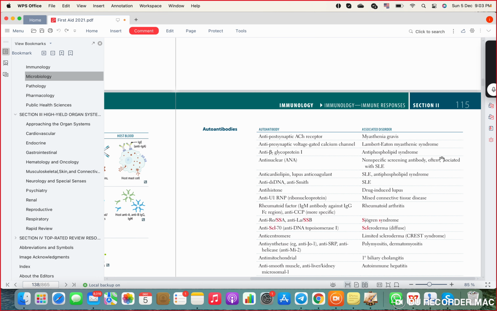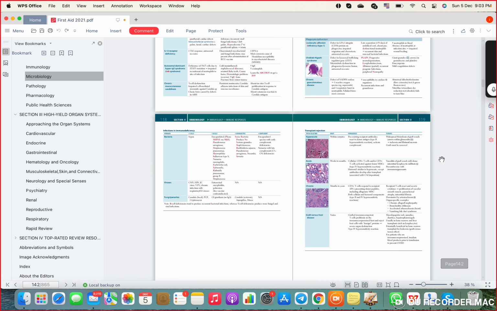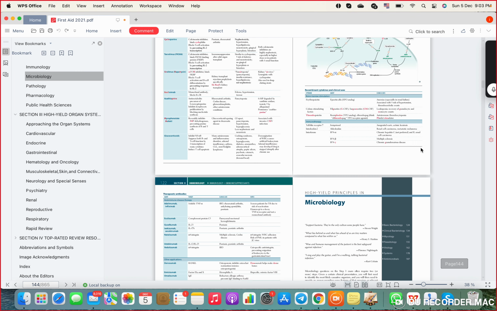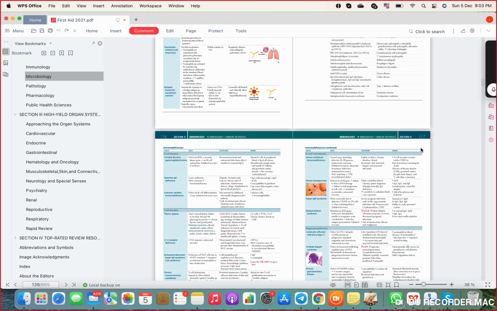Okay. If I tell you that someone has an antimitochondrial antibody, which disease does he have? Antimitochondrial is primary biliary cholangitis. Okay. Antiphospholipase A2? Antiphospholipase A2 is membranous nephropathy. Excellent. And if I tell you that he has an anti-glutamic acid decarboxylase? Celiac, doc?